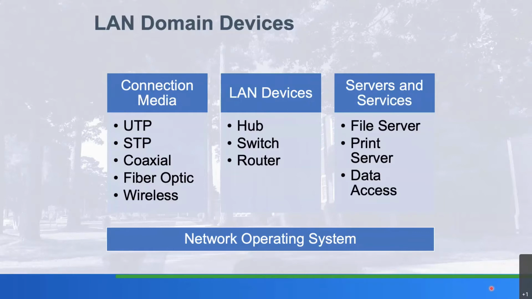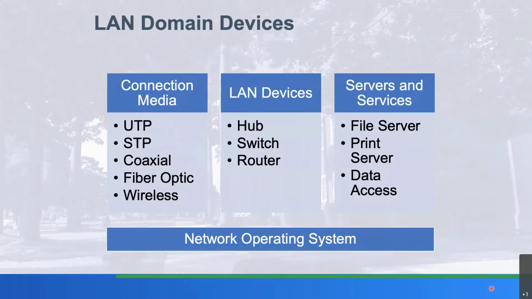Just remember, no matter what type of media we choose or LAN devices we choose, especially wireless, it's going to increase the likelihood that unauthorized users will connect to your network. So I might have Ethernet jacks.